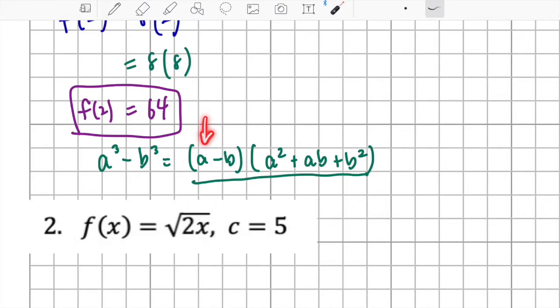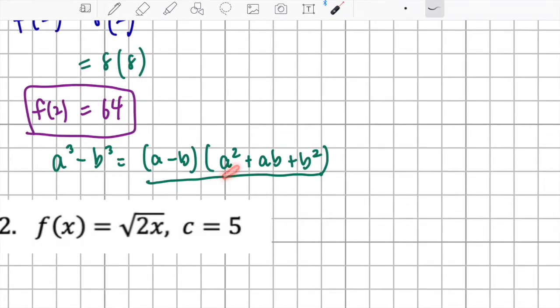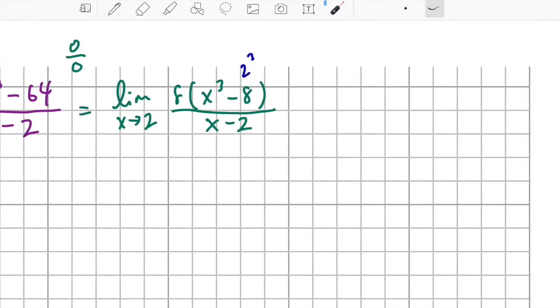Again, our a is x and our b is 2. Notice it's b cubed, so 2 cubed gives me 8. And then we're going to replace the a with x, the b with 2, and the b with 2. So according to this it will factor as this.